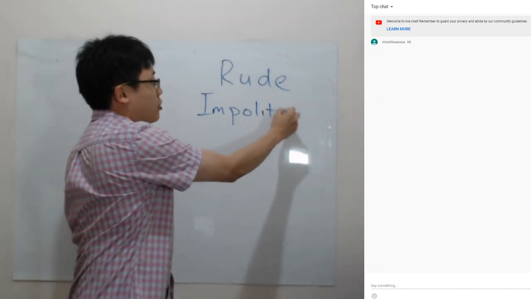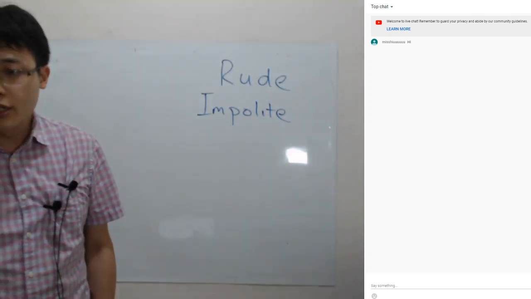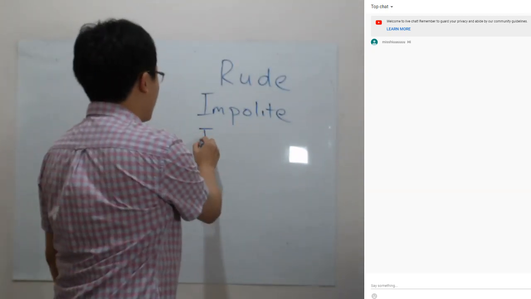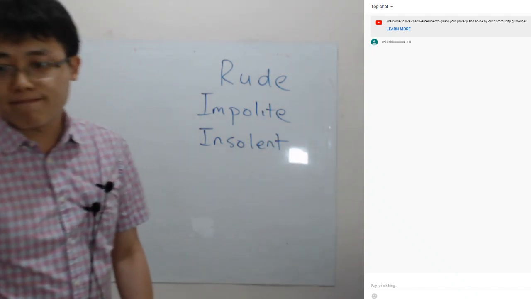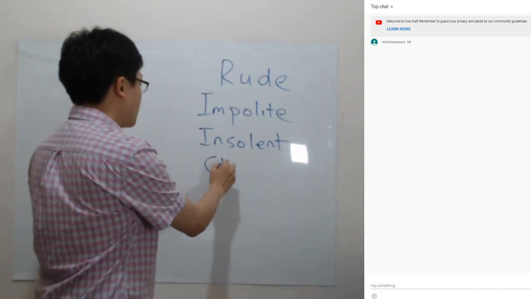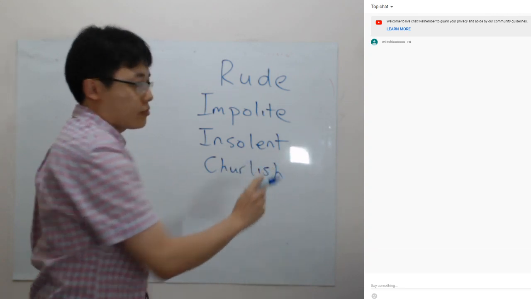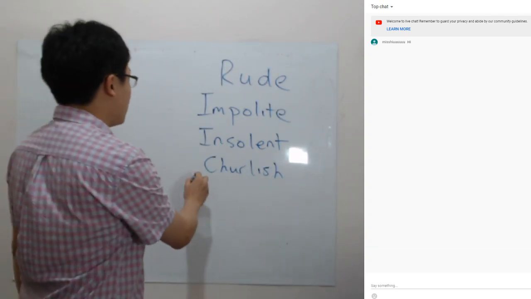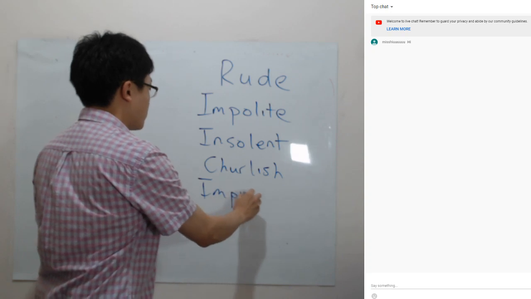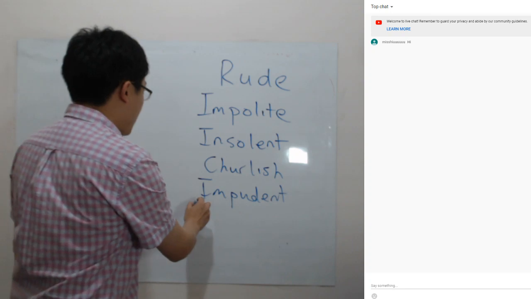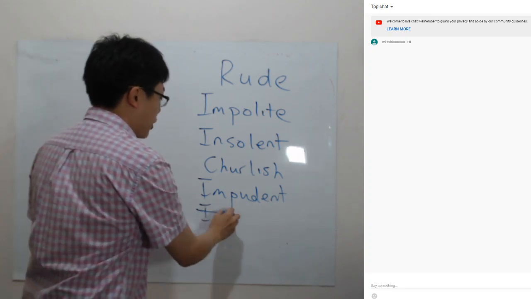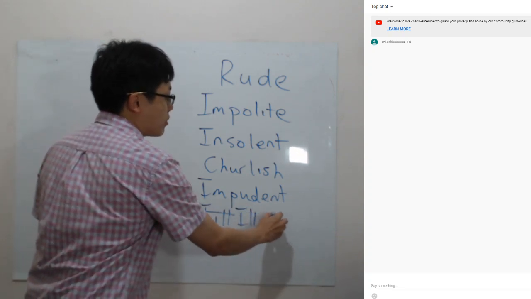Not just rude, you can also say they're impolite. You can say they are insolent, churlish, impudent, ill-mannered.